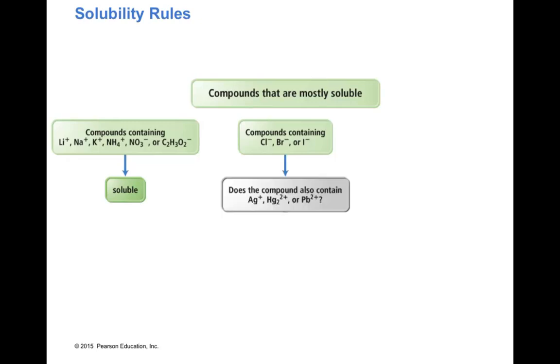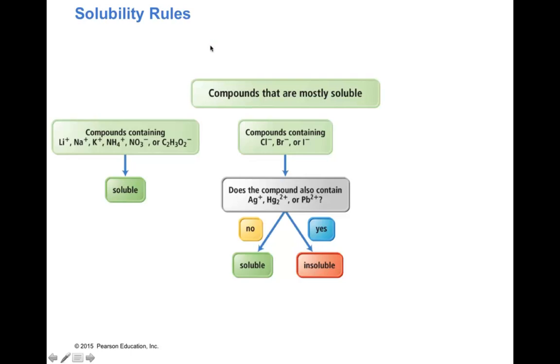Compounds that contain chlorine, bromine, and iodine will be soluble, but if they contain silver, lead, and mercury, they won't be soluble. If they have these three cations, they will be insoluble. If they are in combination with other cations, then they will be soluble.